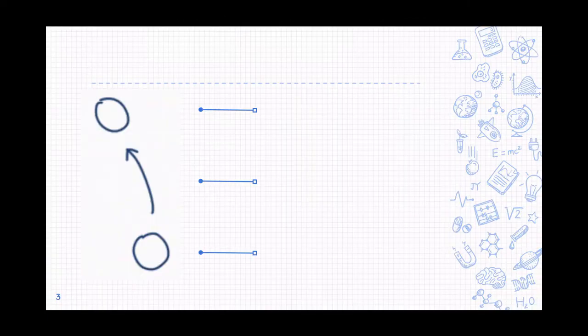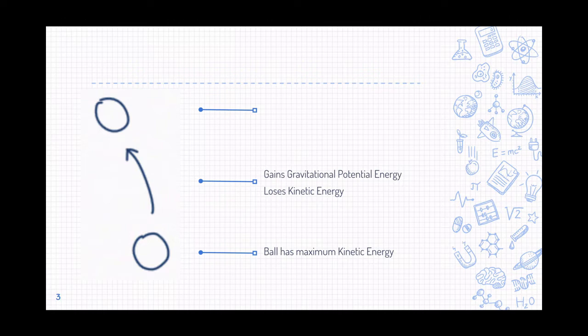When the ball is first thrown upwards, the ball has kinetic energy. As it moves upwards, the ball gains vertical height and hence gains gravitational potential energy. However, since energy cannot be created, kinetic energy is actually being converted to gravitational potential energy.